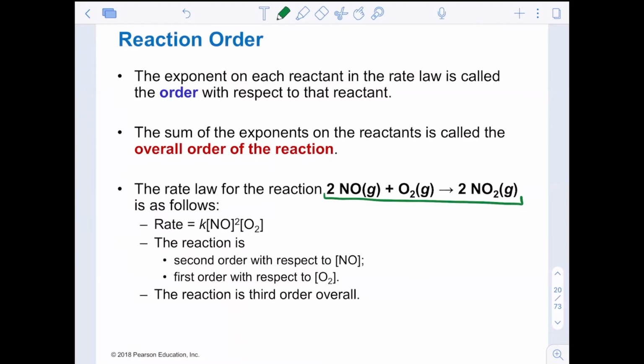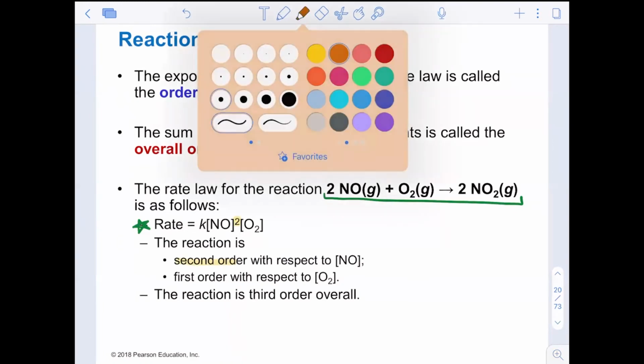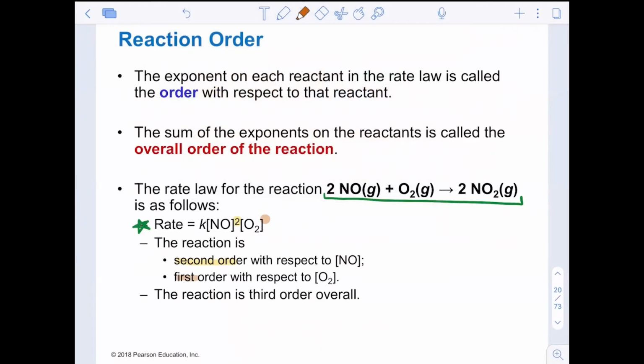The rate was experimentally determined to be rate equals k [NO]^2 [O2] to the first power. So the reaction is second order with respect to NO, and first order, imagine a little 1 up there, with respect to oxygen. Overall, 2 plus 1 is third order. Yes, this rate expression, the rate law, follows the balanced equation. This is not always the case. This just happens to be true for this specific one.